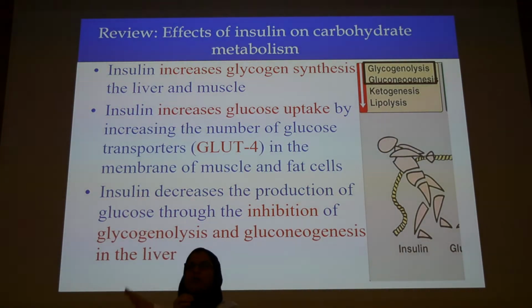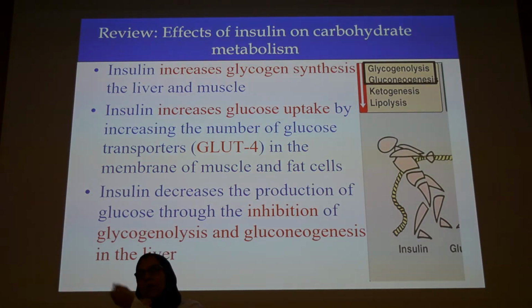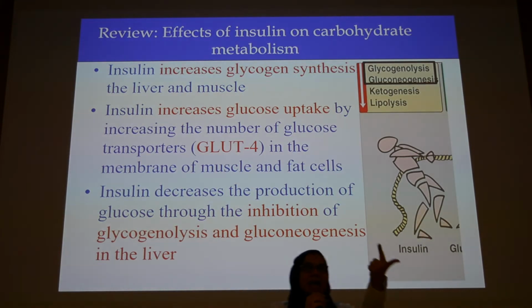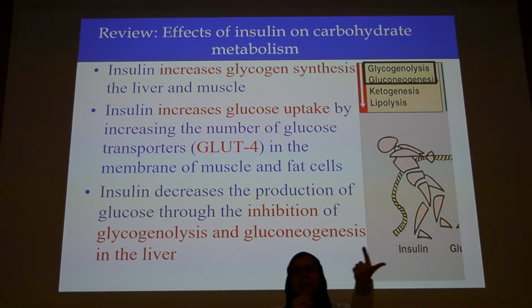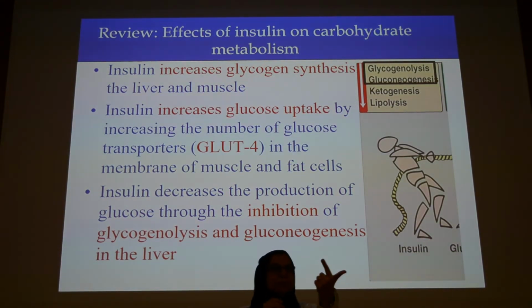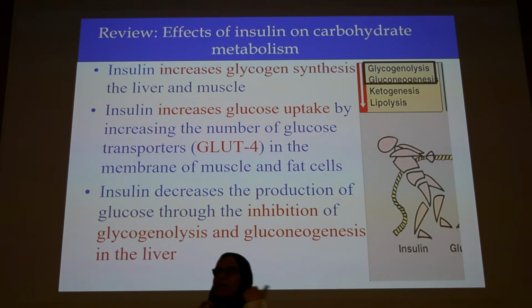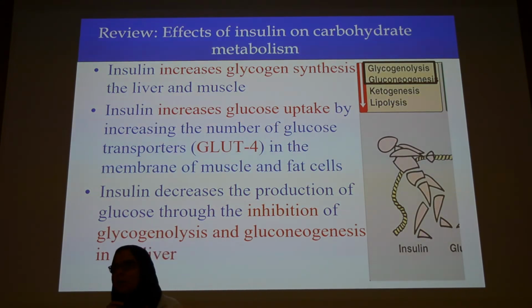We have enough sugar in our blood, therefore we are going to let this sugar enter our cells, the fat cells and the muscle cells. How will they take up the glucose? Via which transporter? GLUT4. And the number of GLUT4 is regulated by insulin.